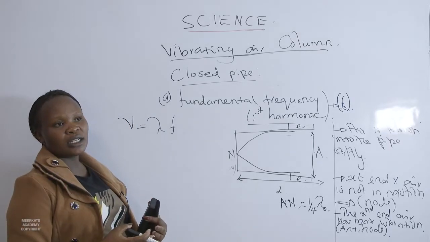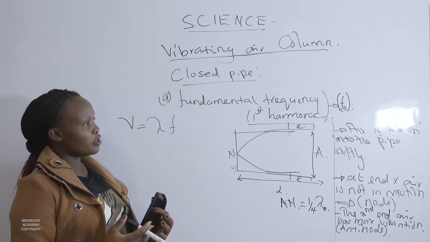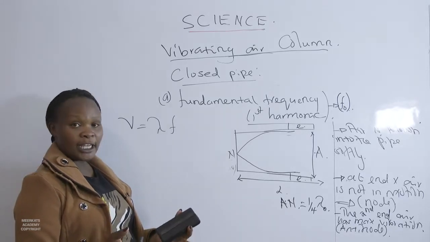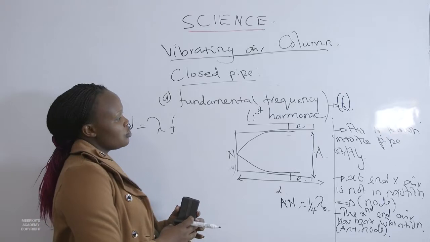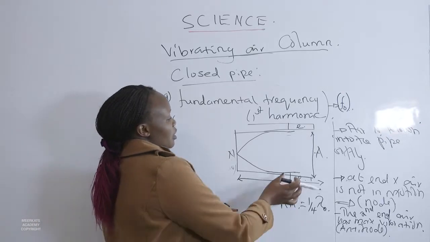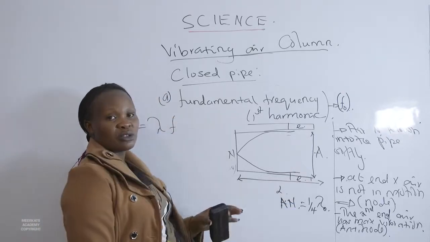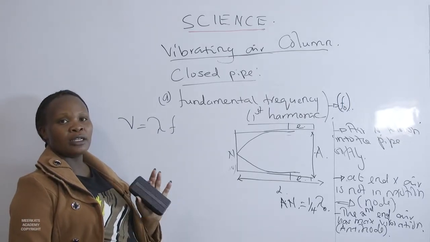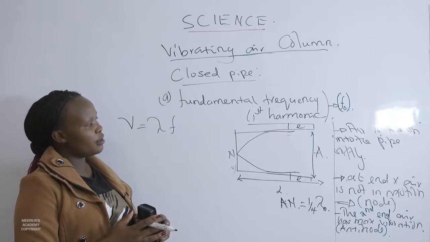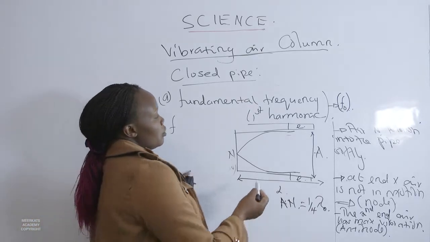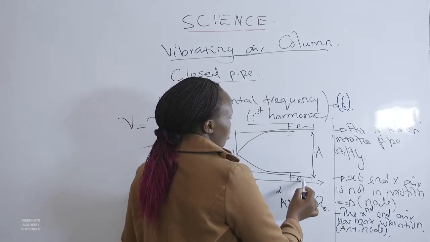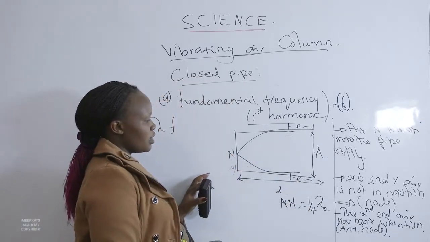Now we have started looking at the differences that exist between a vibrating air column and a string, in that here we are not convinced that the point where our antinode is going to be is the exact end of the pipe. For that reason, we will add some distance E, which we call the end correction.